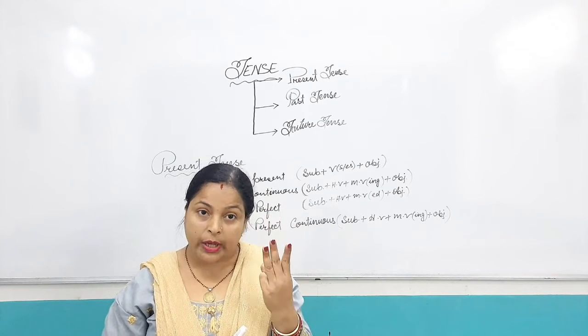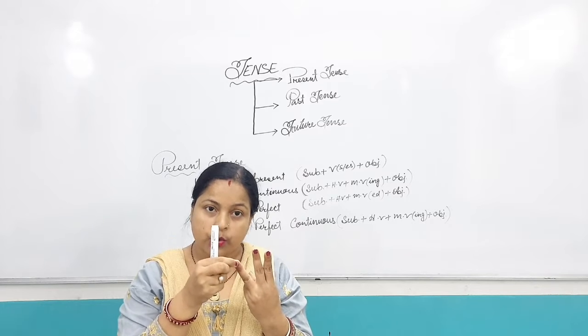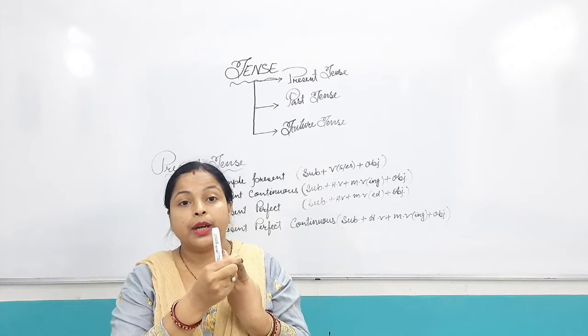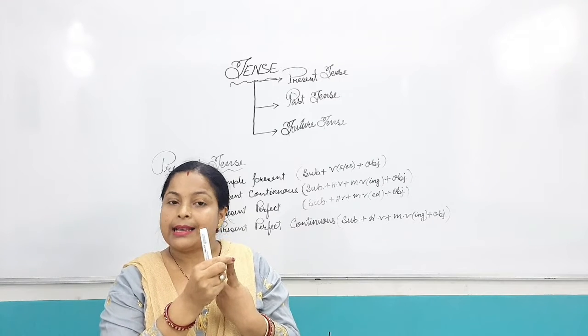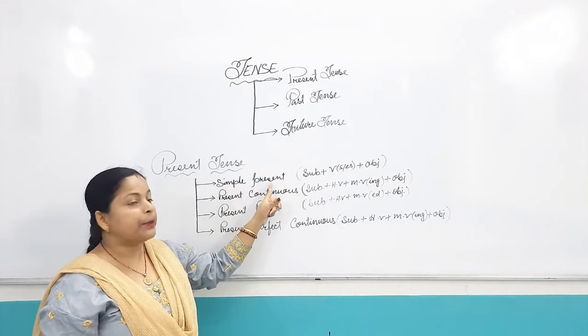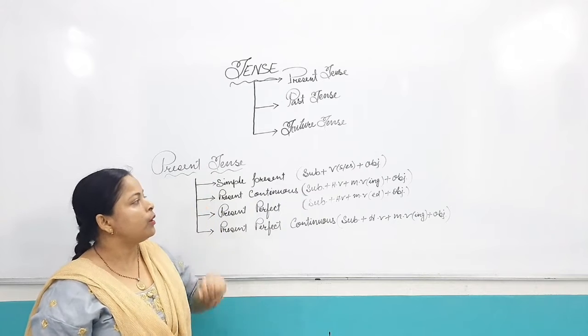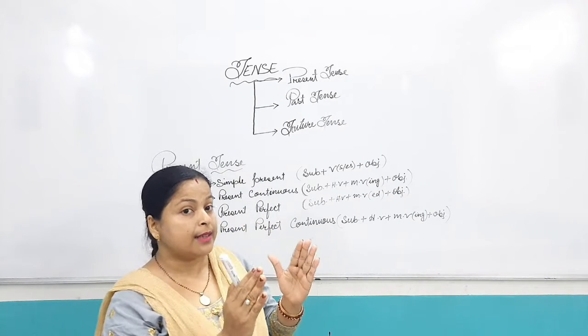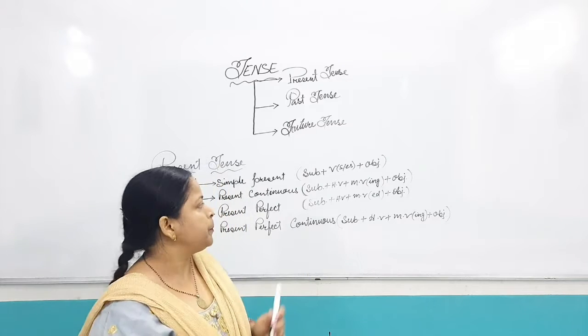So in case of three conditions, first one is habitual truth, second one is universal truth, and the third one is declarative sentence, a sentence will be of simple present tense. Now, the sentence formation of simple present tense. How to form a sentence of simple present?